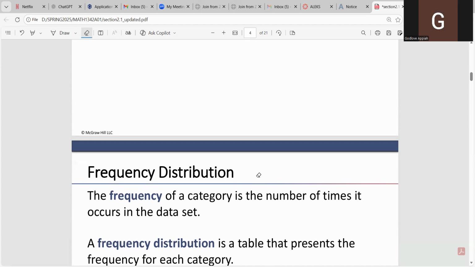So this data set comes in different categories. Now, when we talk about the frequency of a category in a qualitative data set, all we are referring to is the number of times that category occurs in the data. In other words, the frequency tells us how often a particular category occurs in a data set.